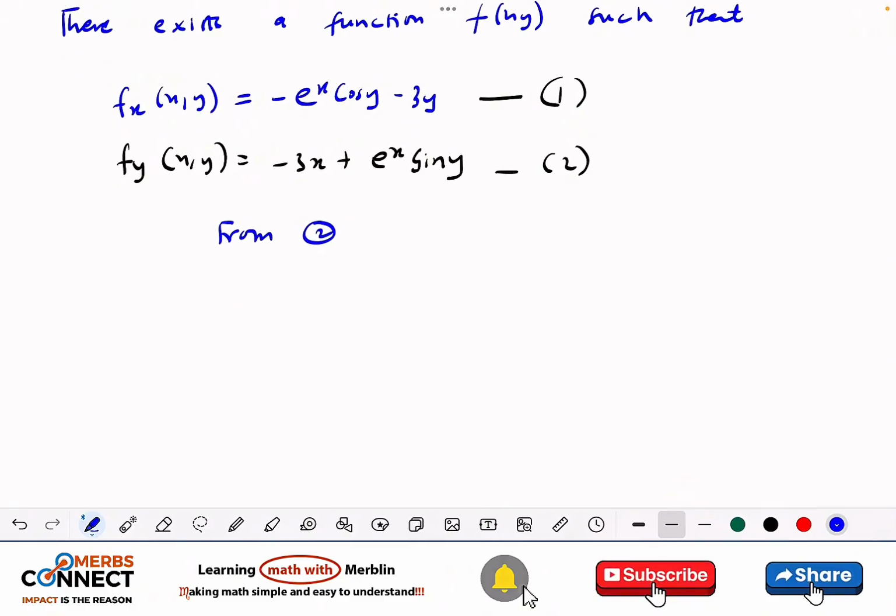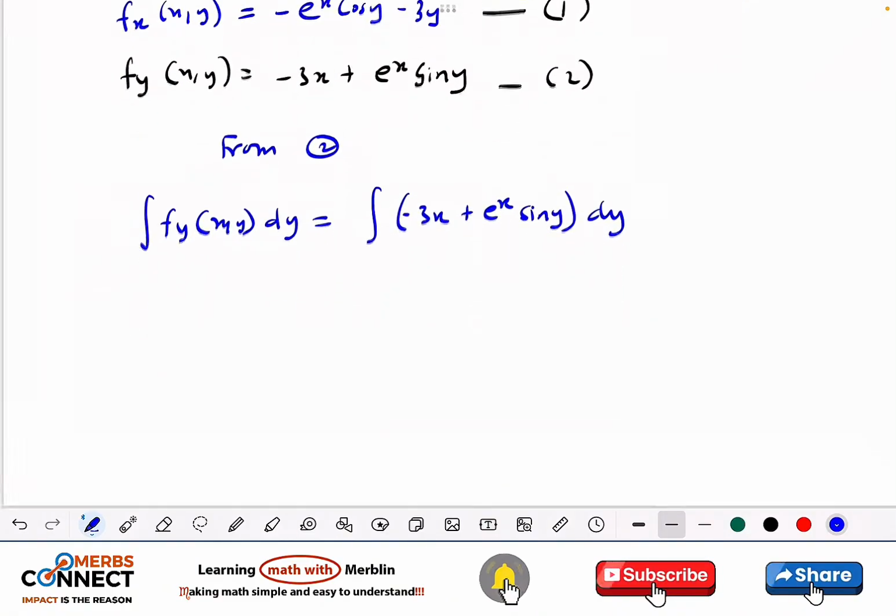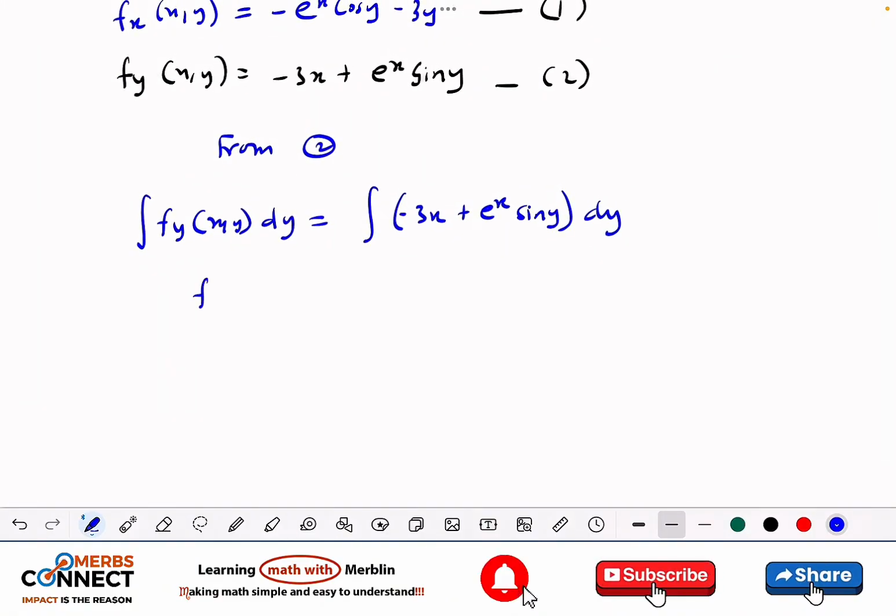we are going to integrate with respect to y, because this is differentiated with respect to y. So let's integrate minus 3x plus e to the power x sin y with respect to y. When I do the integration here, we'll be left with f of xy equal to, integrate this with respect to y.